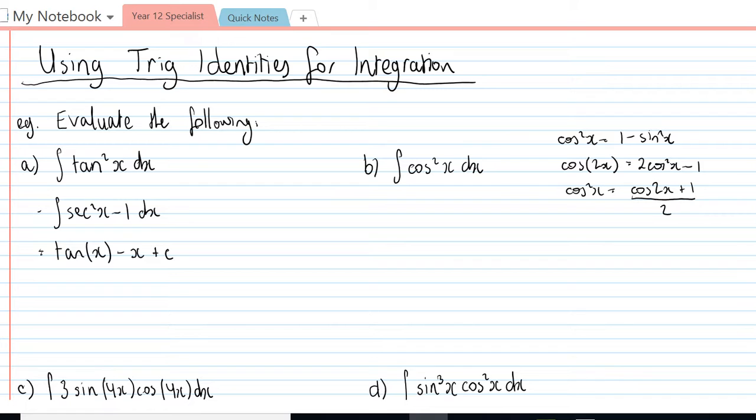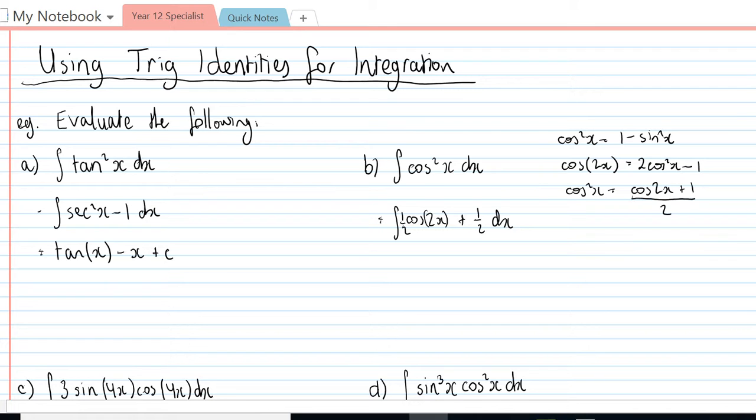So I'm going to make that substitution now into the rule here. So we have the integral of, and instead of cos squared x, I'm just going to write it as cos of 2x on 2. I might even just put half out the front, and then plus 1 on 2 dx.